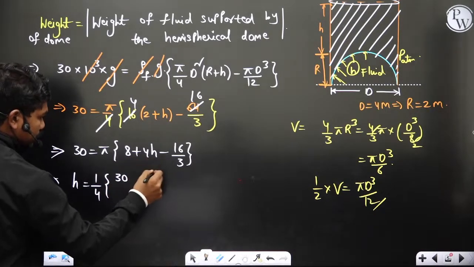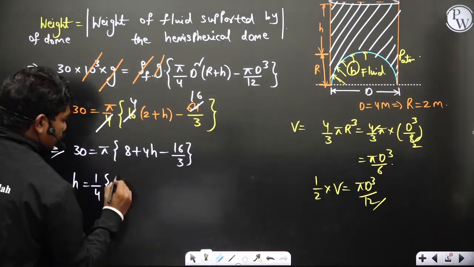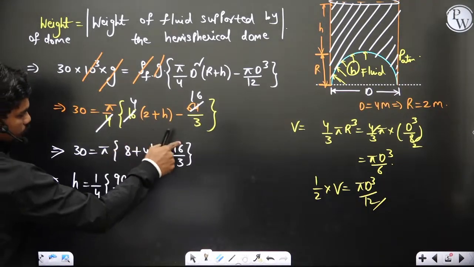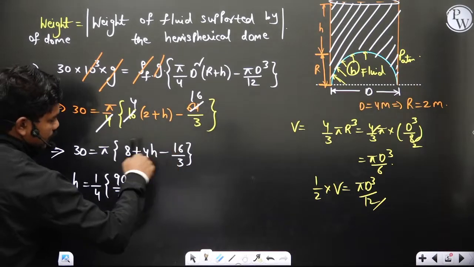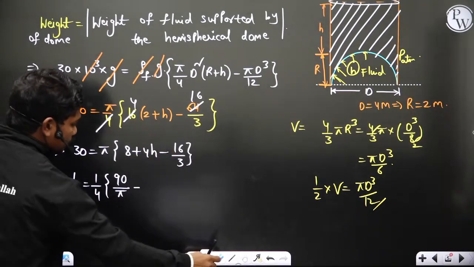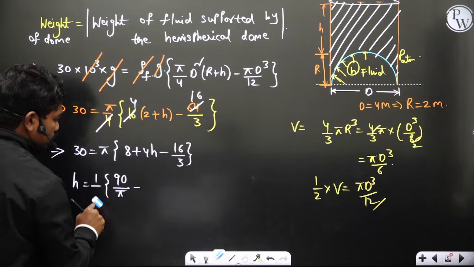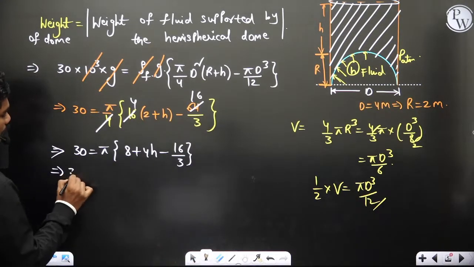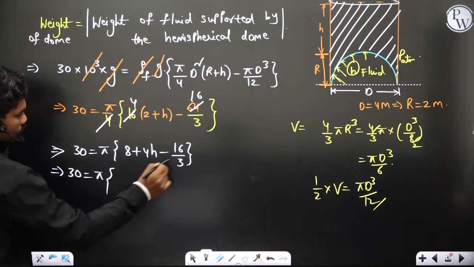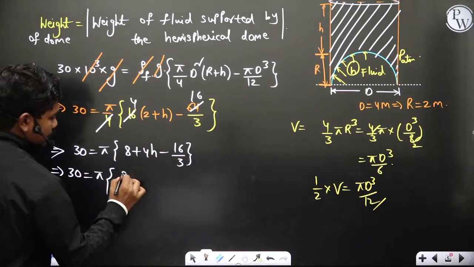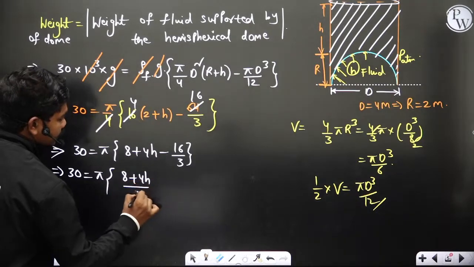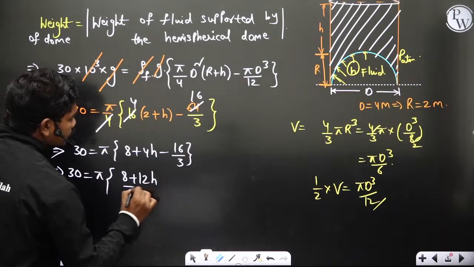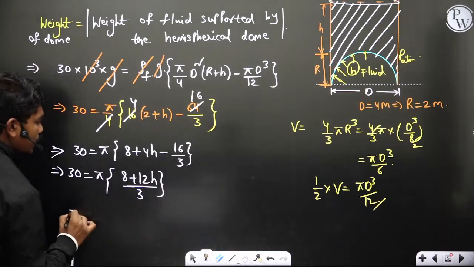If you take LCM, this is 30 by 3, so 90 by pi minus, if you take LCM, 24 minus 16 is 8, so 12h minus 8 by 3 completely. Let us do the simplification in a bit, no need of direct calculations. Pi times of 3 8s are 24 minus 8 plus 12h by 3.